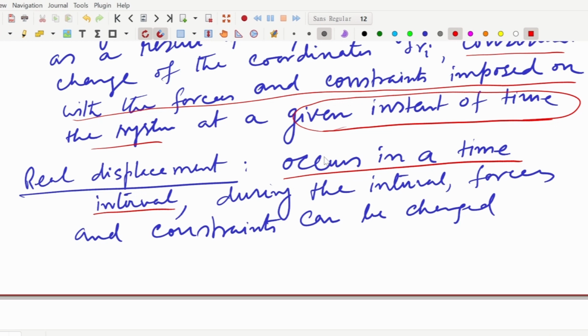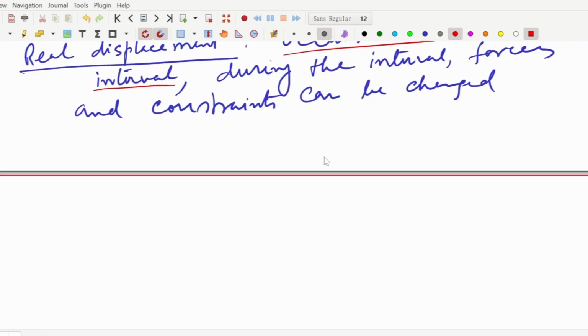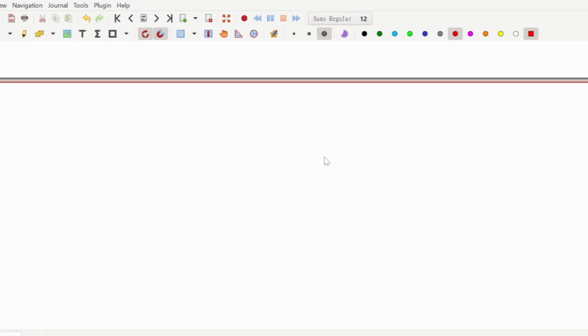Beforehand, we don't know the forces. So we assume that there is a virtual displacement, and this virtual displacement takes no time, so we don't have to consider how the forces evolve during this time interval. And that will help us to obtain some equation of motion through D'Alembert's principle, which we are going to discuss now.